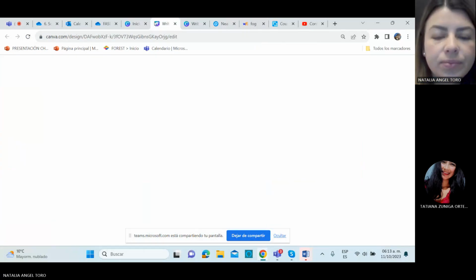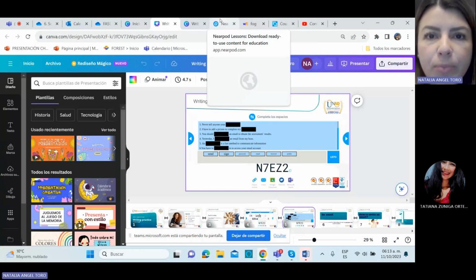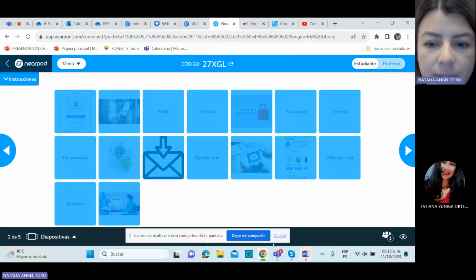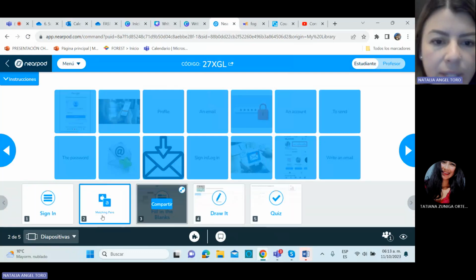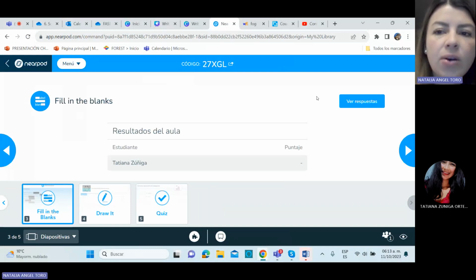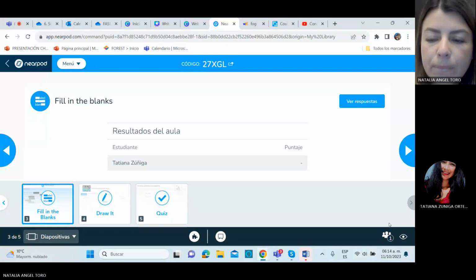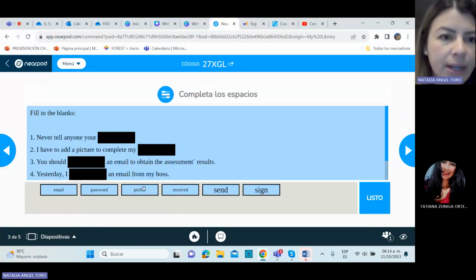Now continue in the Nearpod platform, and let me show you the next activity. In the next activity, the idea is to write, because we are working on our writing skills. So to do that, the idea is to fill in the blanks.